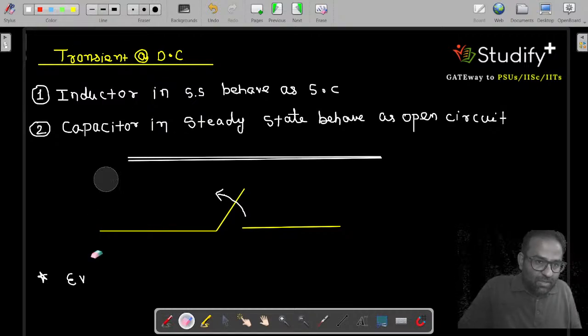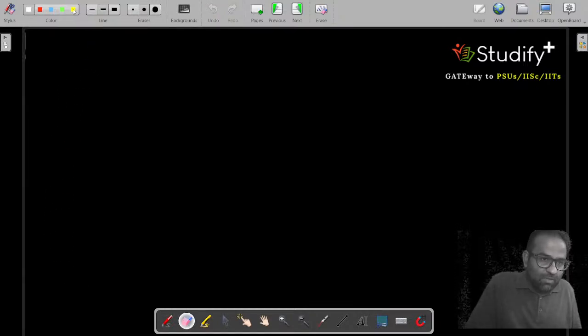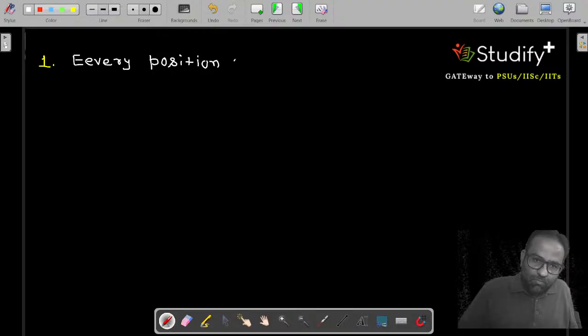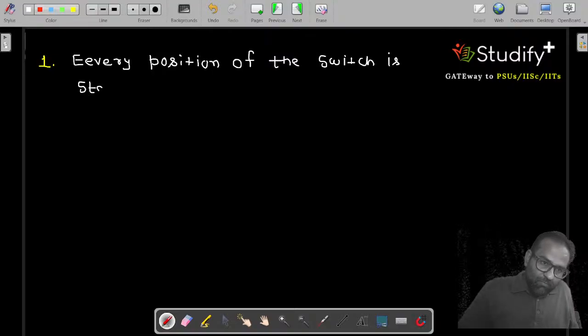Let me write this on the next page. First observation: every position of the switch is a stable position.